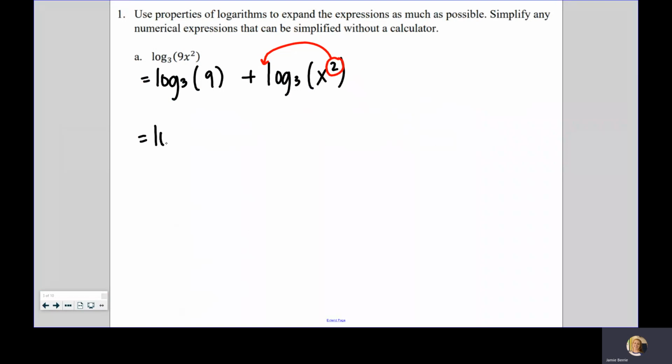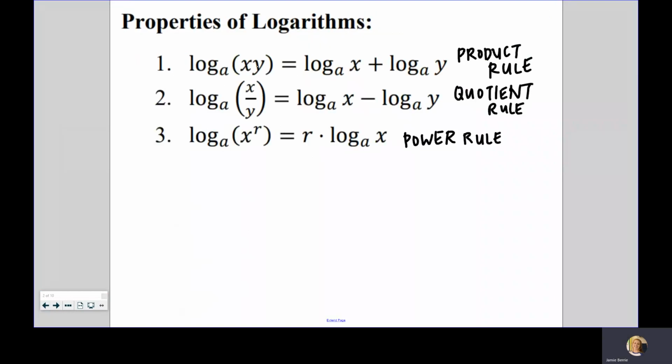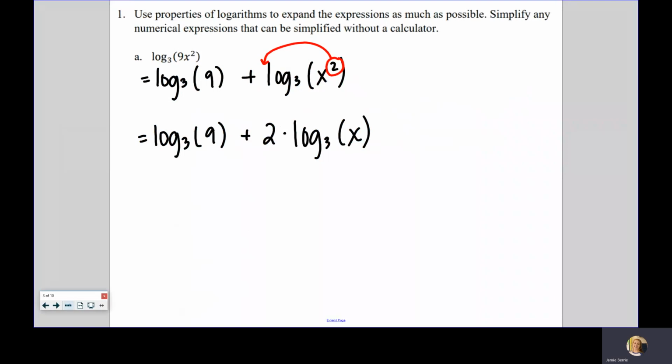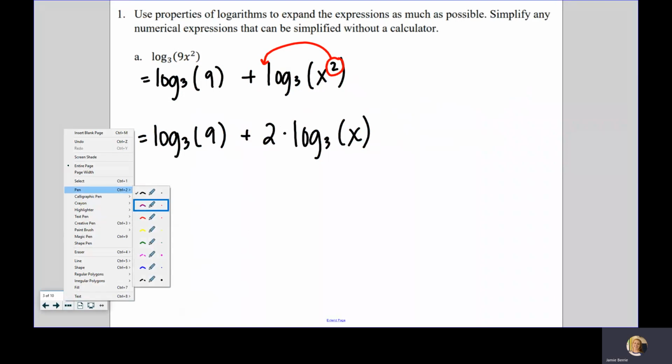So we have log base 3 of 9 plus 2 times log base 3 of x. Also wanted to point out that the log base 3 stays every time. So the base is not changing. According to the product rule, the base is supposed to stay the same throughout, and then same with the power rule.